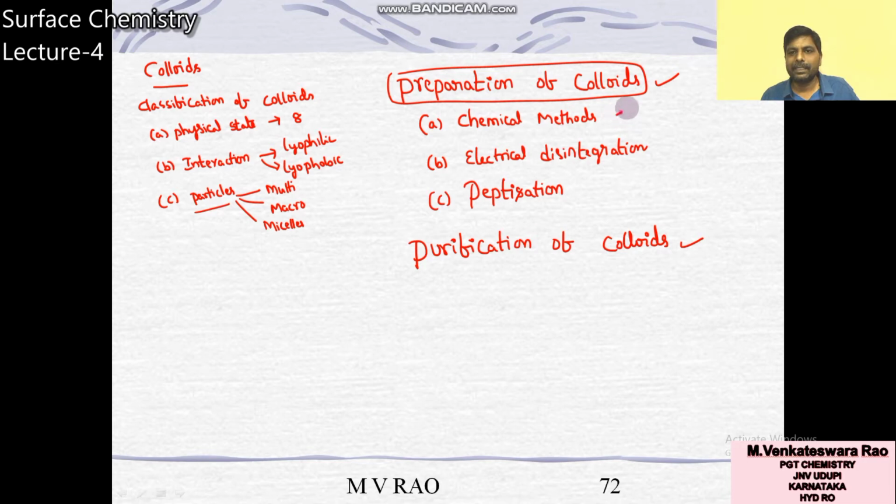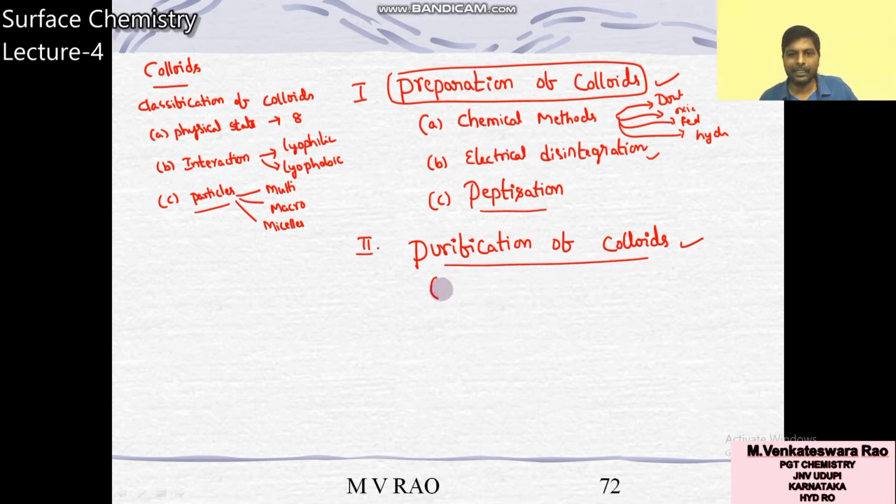Chemical methods. In chemical methods, again 4 types of reactions are there: double decomposition, oxidation, reduction, hydrolysis. Electrical disintegration method, third one is peptization. This is topic 1. And topic 2 is purification of colloids.